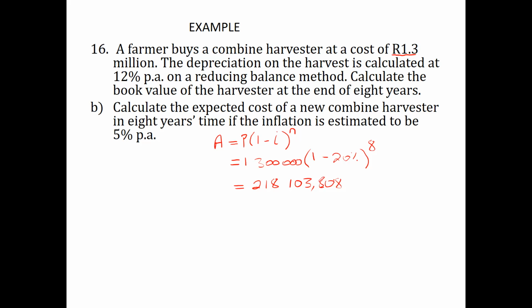Now, after calculating that, they said to you in B, this is A. In B, they say, calculate the expected cost of the new combined harvester in 8 years' time if the inflation is estimated to be 5%. So when they talk about inflation, remember you have to use the compound interest formula.